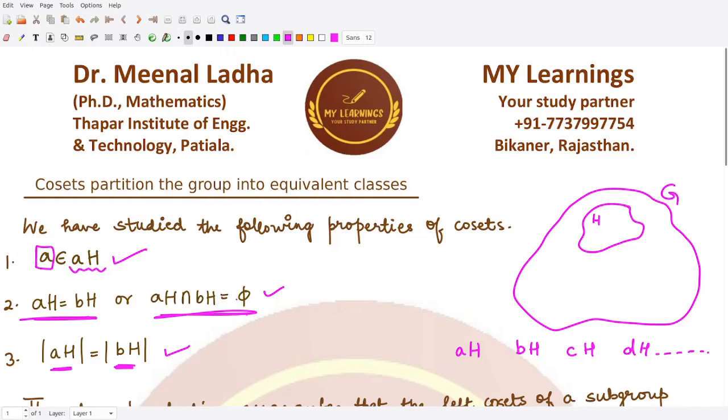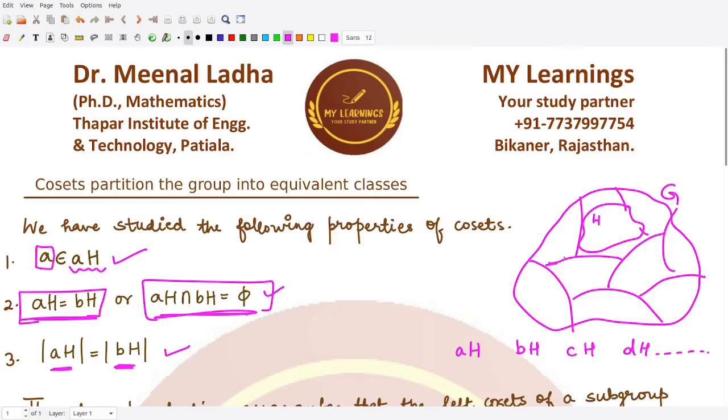So what cosets are doing is partitioning the given group G into different classes, right? Each one would have different elements, and no one is having elements which are repeating themselves, correct? So suppose this is the case, then we have either equal classes, or they are disjoint classes.